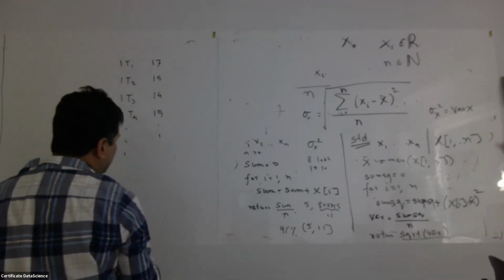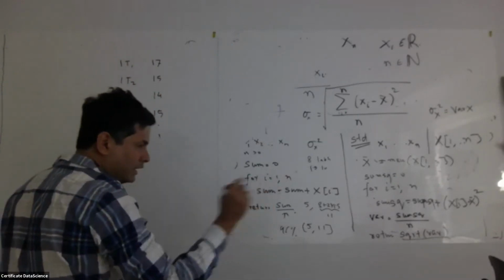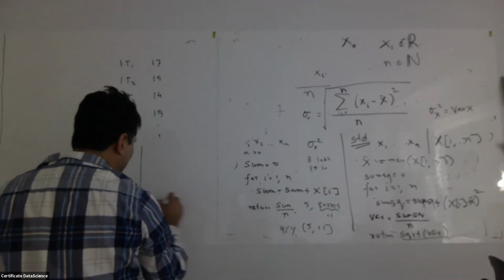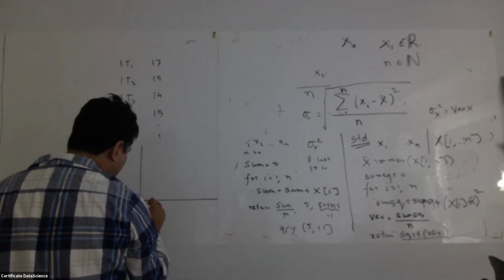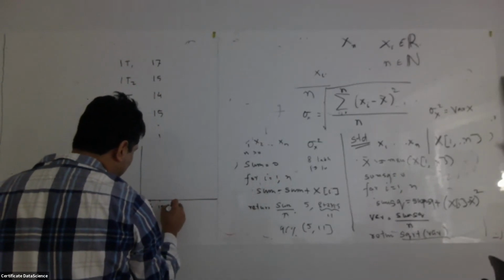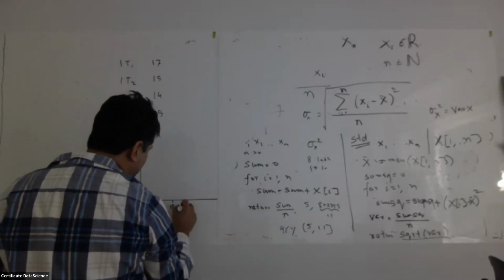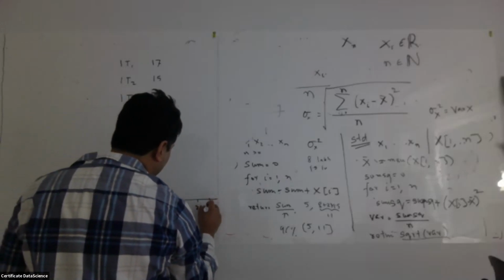Now you create what I call histograms, how many you found. So you look at 0, maybe 5, 10, 15, 20, 25, 30, and so on.